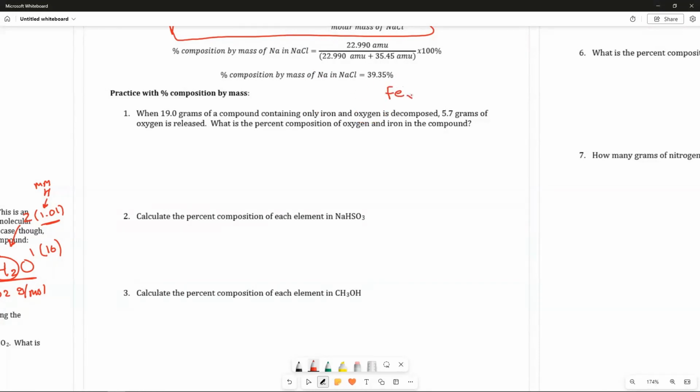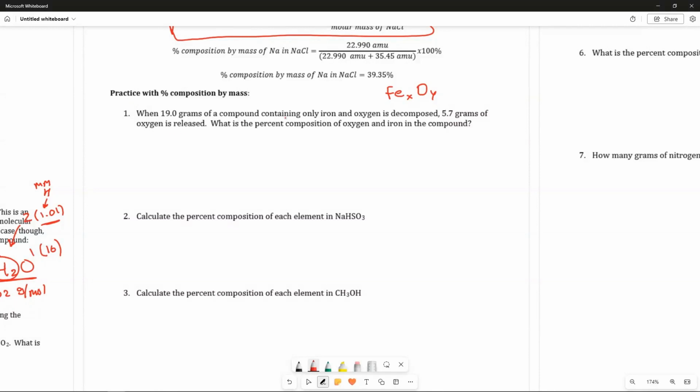Iron is Fe, and so we don't know these numbers. So it's some compound that looks like this, where X is some number and Y is some number, right? But in this case, we can pretend we don't see this. That's just for visual aid. And so in reality, what we need to do is think about what 5.7 grams of oxygen released means.